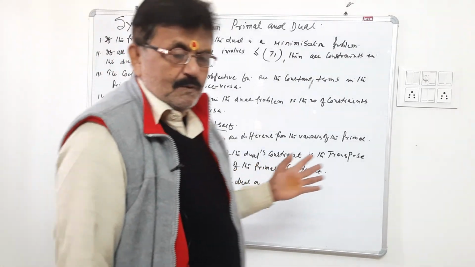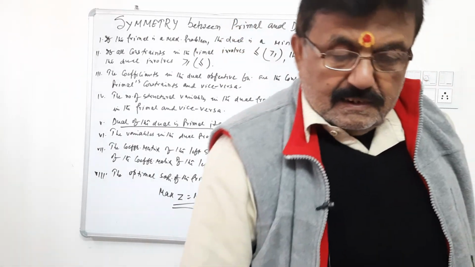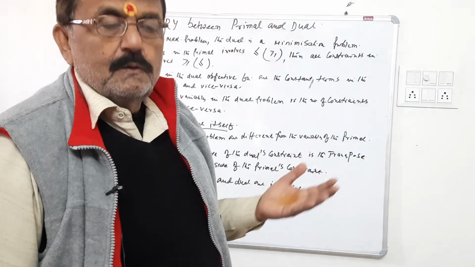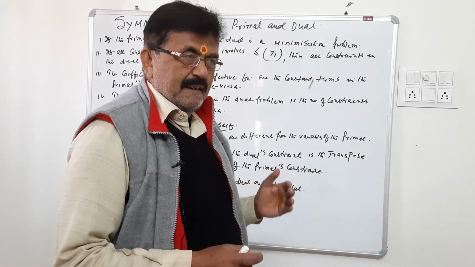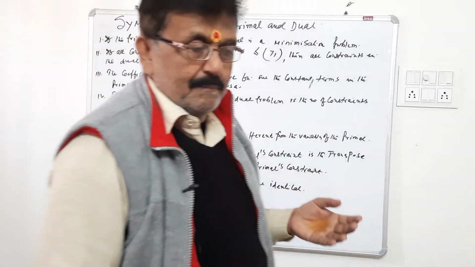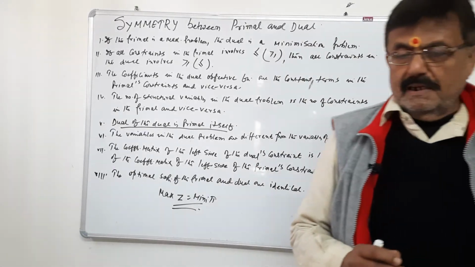So this is what the duality in linear programming is about. I started linear programming right from the OR standard. I explained OR, how OR came into existence. Then I came to linear programming. On linear programming, initially we solved all the maximization and minimization problems with the help of graphs.